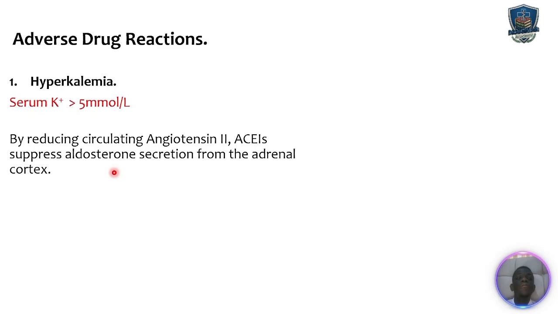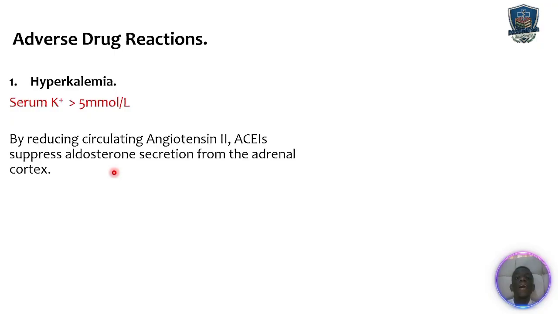Now, how does this occur? By reducing circulating angiotensin II, angiotensin converting enzyme inhibitors suppress aldosterone secretion from the adrenal cortex. Remember, I told you that one of the major aims of angiotensin II is the production of aldosterone hormone from the adrenal cortex.